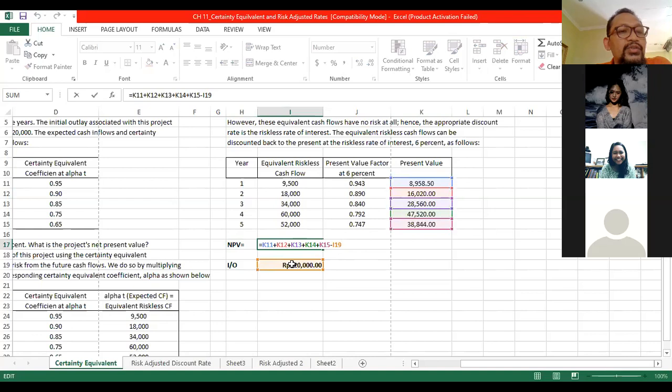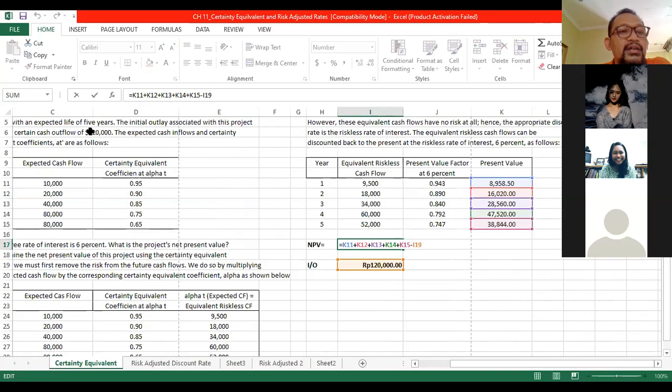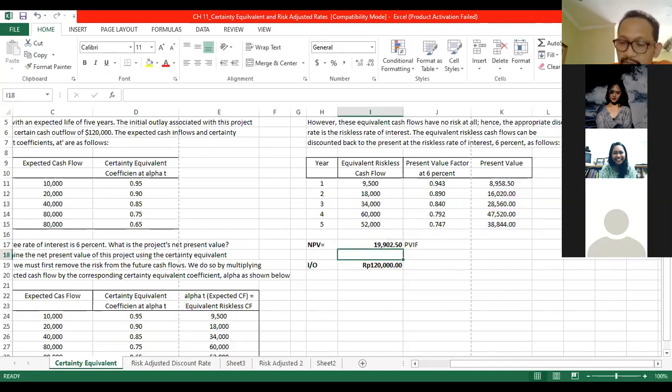Remember, this 120,000 is coming from here. This is a simple equation in Excel. So actually, you can calculate NPV in Excel as well, but because this is manual, I just use this.